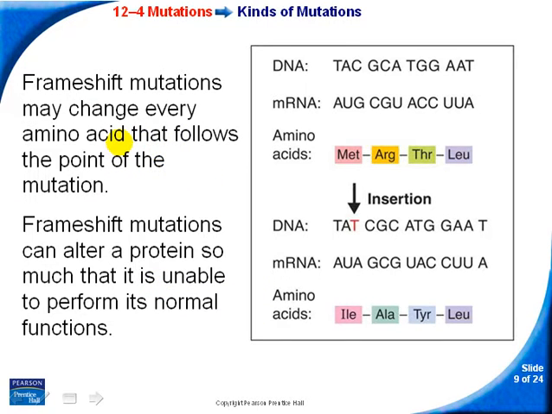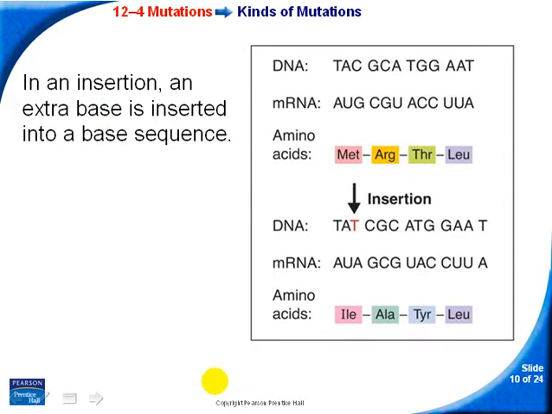Let me make this point first: when you have an insertion or deletion, a frame shift mutation, the change is in every amino acid that follows the point of the mutation. So from this point on, all these amino acids here are going to be changed. And sometimes it could alter the protein so much that it's unable to perform its normal functions. Often this could lead to adverse effects that often can be fatal.